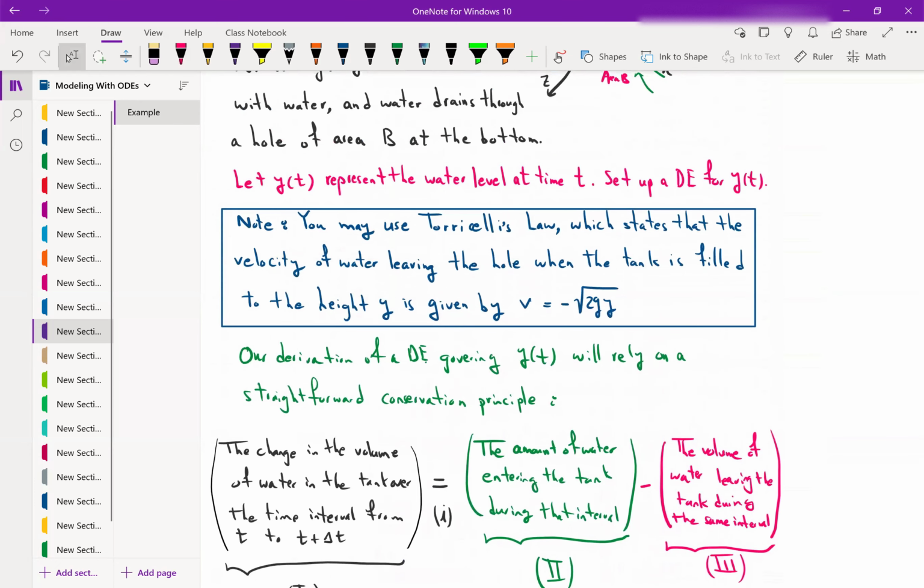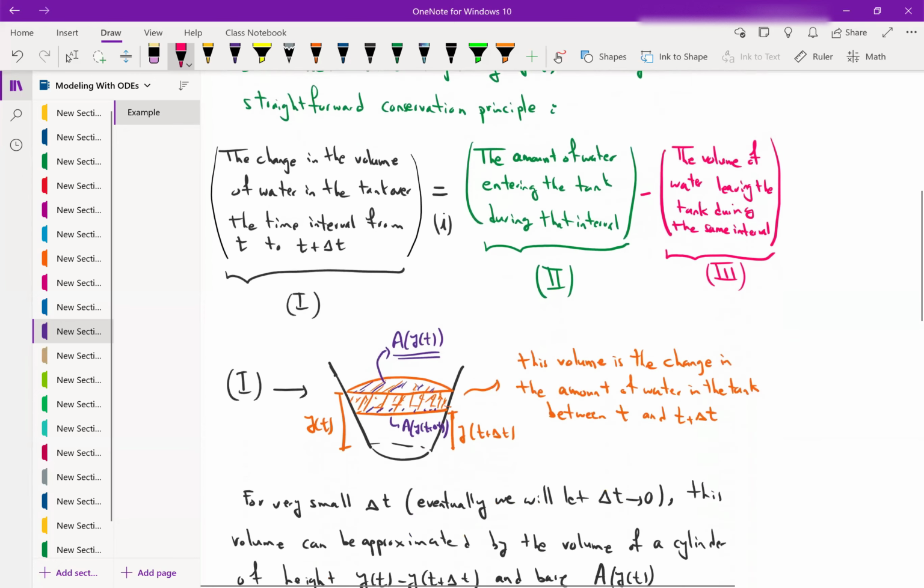According to Torricelli's law, the magnitude of velocity is the square root of 2gy. This y itself is the water level in the tank. It is changing with time. So V, the velocity with which the fluid particles are leaving the tank, is also changing with time. It's not a constant number. It depends on y.